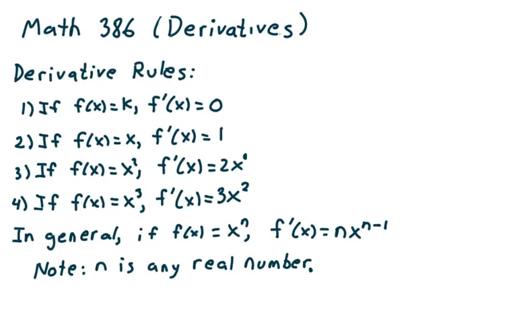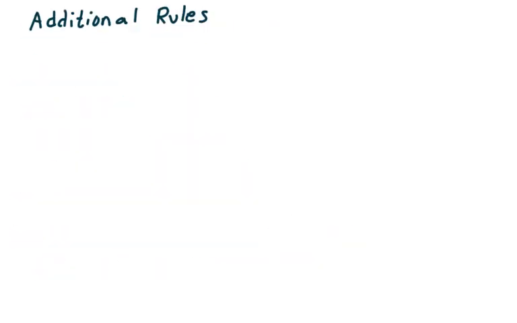Now, additional rules. We'll call this number 5. If f of x equals e to the x, the derivative of e to the x happens to be e to the x.